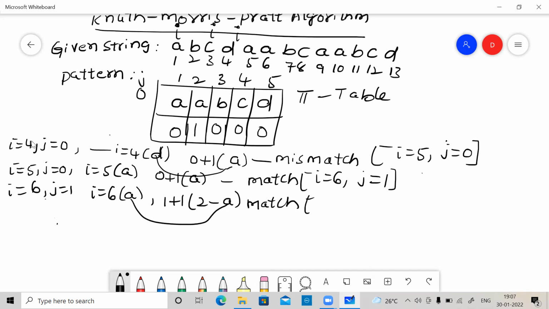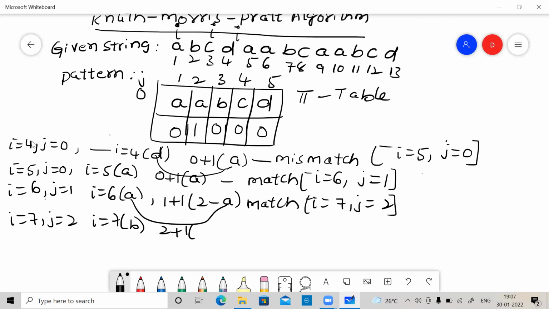At that time, again increment I and J. I is equal to 7 and J is equal to 2. What is the value you are having at I is equal to 7? B is there. J is equal to 2, so the J value you have to consider is 2 plus 1.